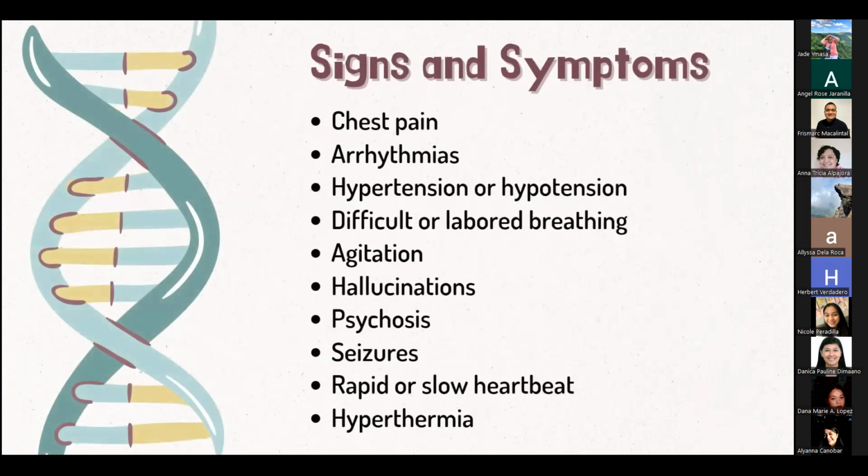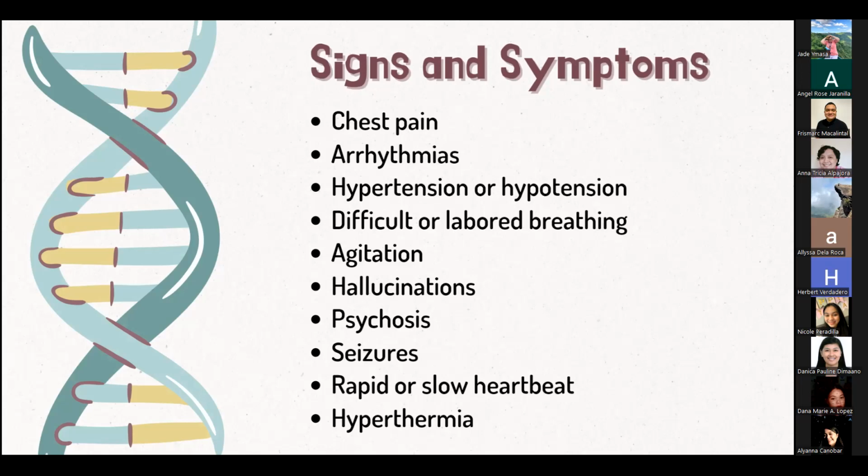So what are the signs and symptoms if you are overdosed on methamphetamine or shabu? You will experience chest pain, tightness in your chest, arrhythmias or irregular heartbeats, or hypertension or hypotension, meaning your BP is high, or your BP is too low.